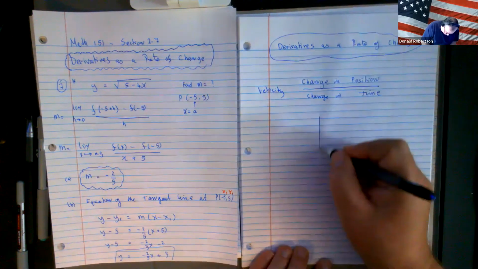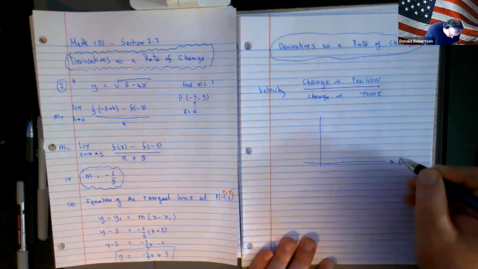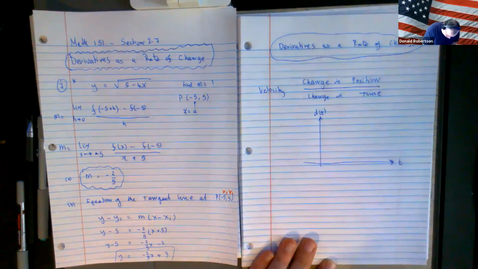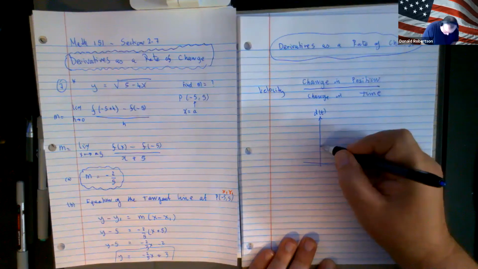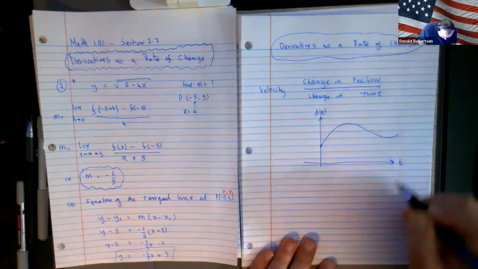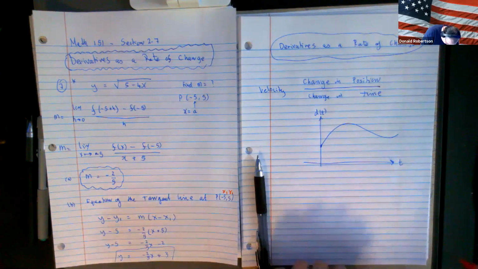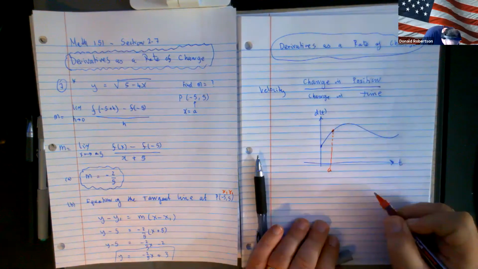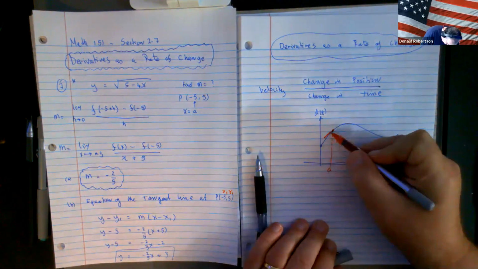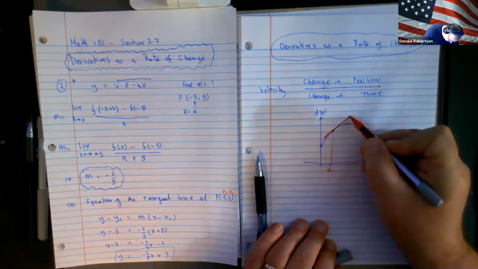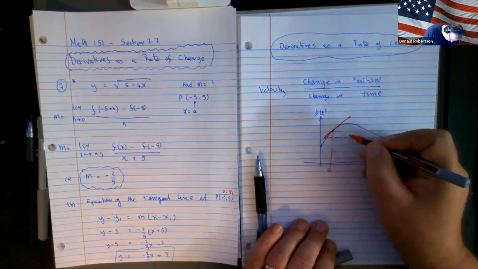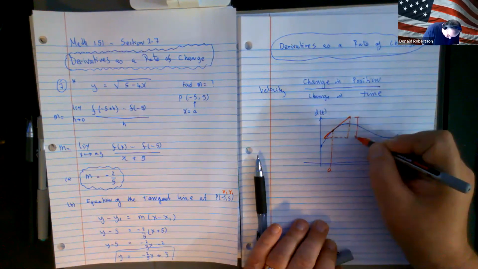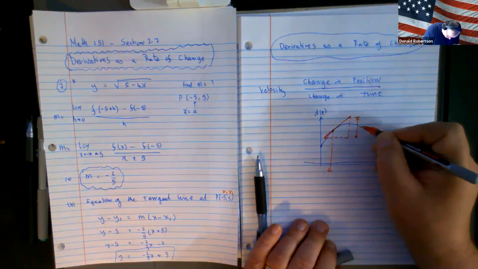If I had a time against position graph, which I'll call d of t, and I plotted where an object was at any given point in time, and I choose a point at t equals a, and I get the slope of the tangent line, and I do a little triangle thing, isn't that distance there to there the change in position?